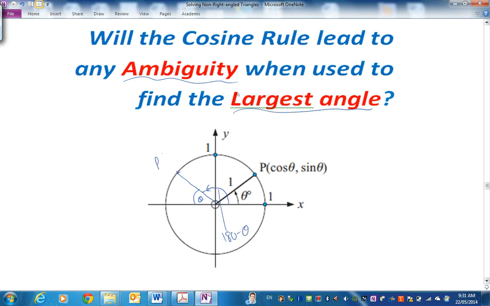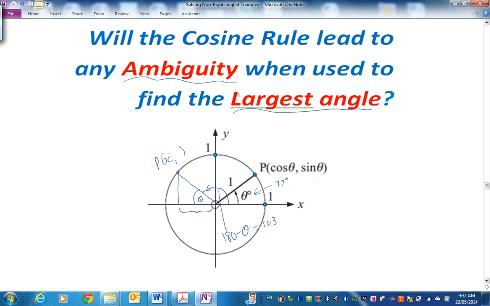Now this point has an x and a y. What do you notice? The x is the cos, but the x has gone negative. So if you have an angle you find in the first quadrant, what was it before? 77, and it's really 103, this one over here.